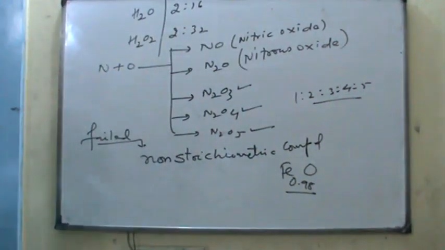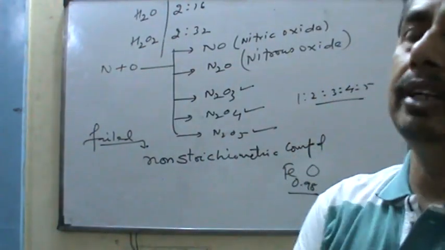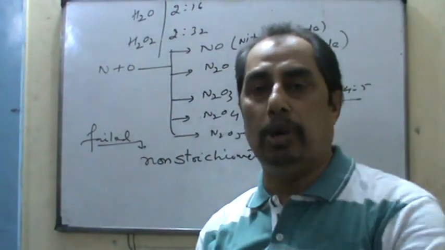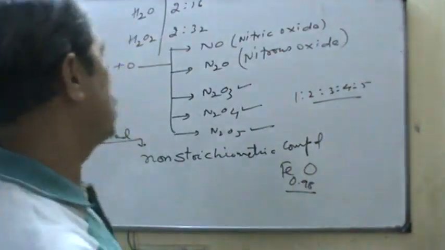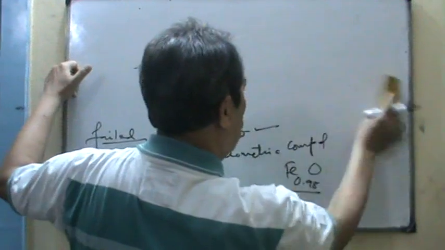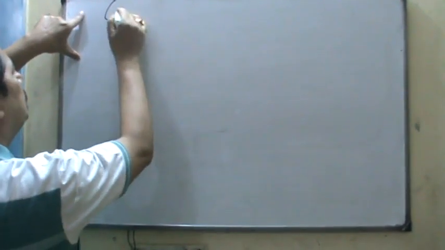And then the last is Gay-Lussac's law of combining volume. As the term volume is already incorporated in this law, what is Gay-Lussac's law? Write down, the last law is Gay-Lussac's law of combining volume.